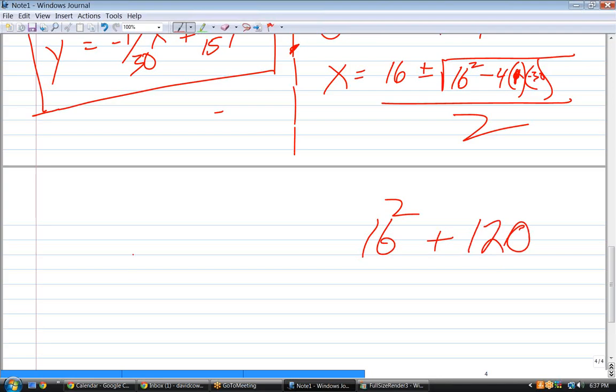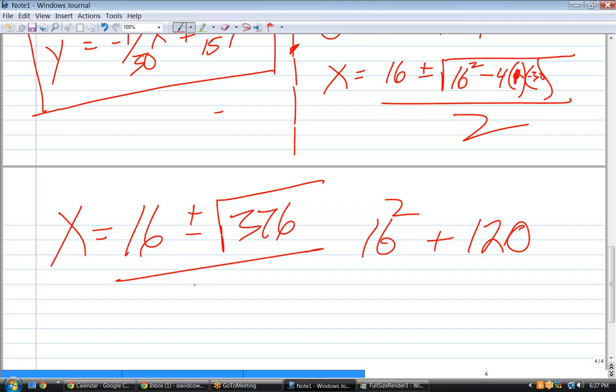376. Okay, so now x is equal to 16 plus or minus the square root of 376 all over 2. And we probably are going to take just the plus answer.